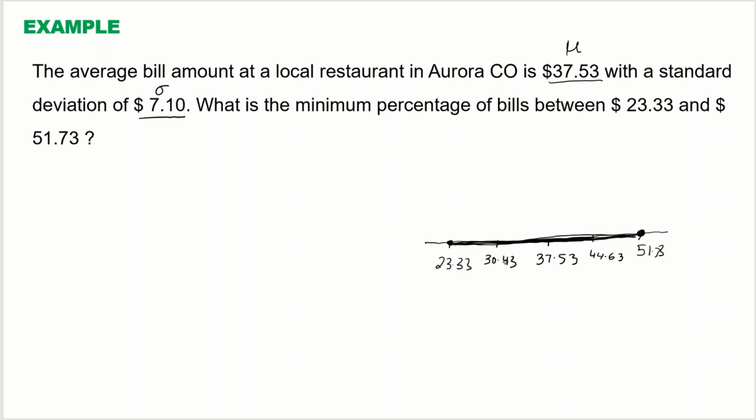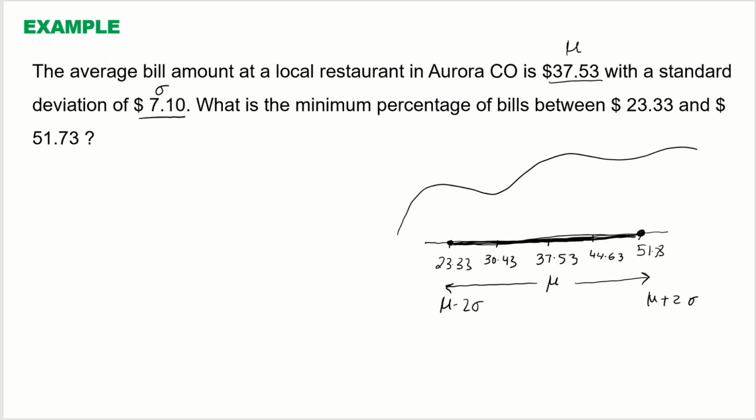So this is your mean. That means this is mean minus 2 standard deviations, and this side is mean plus 2 standard deviations. Your distribution can be any. We are looking for the minimum amount of data that lies within that.